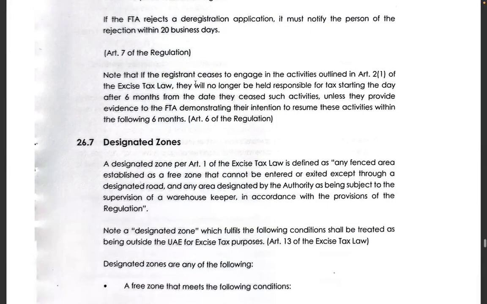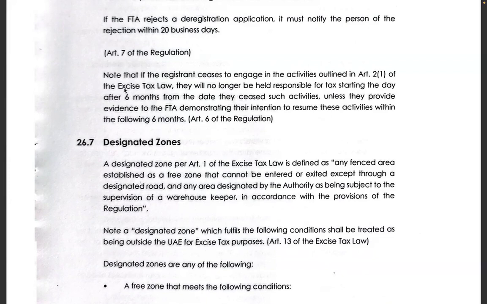Note that if the registrant ceases to engage in the activities outlined in Article 2(1) of the excise tax law, they will no longer be held responsible for tax starting the day after 6 months from the date they ceased such activities, unless they provide evidence to the FTA demonstrating their intention to resume these activities within the following 6 months.